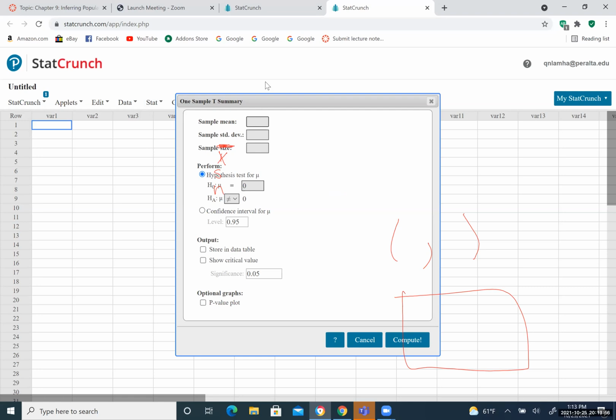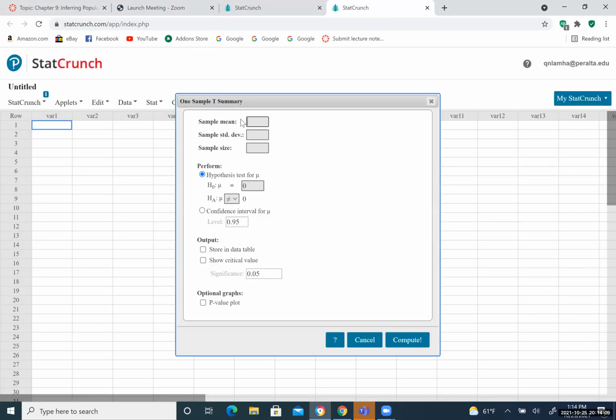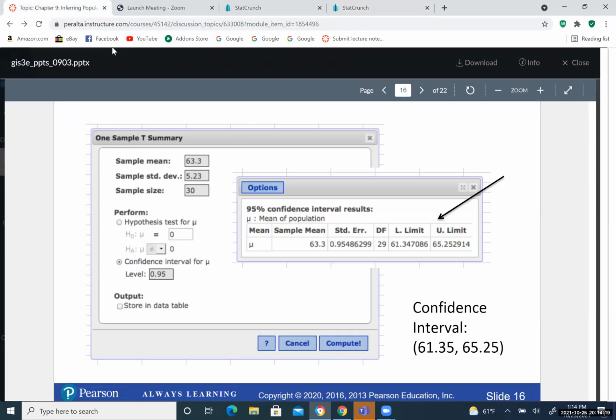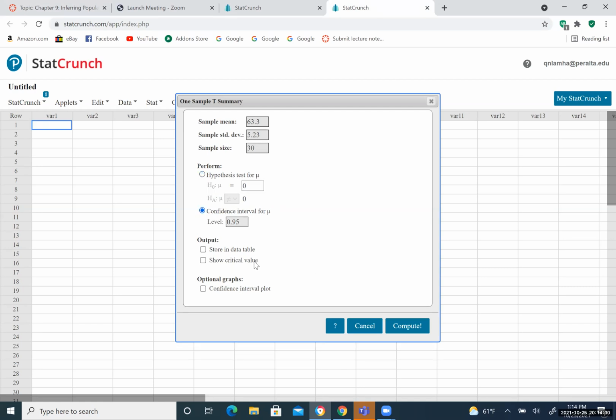We type it in: 63.3, 5.23, and sample size is 30. We're not doing a hypothesis test, we're doing this, and you click compute.